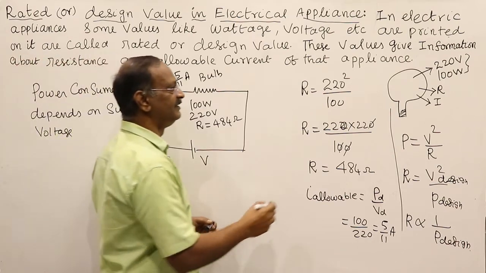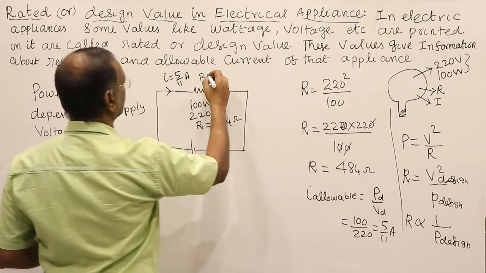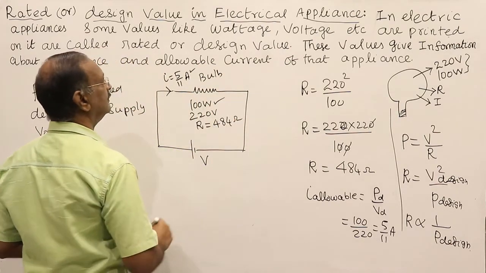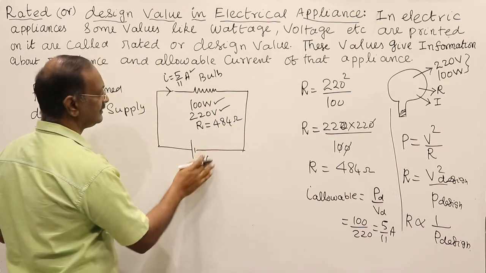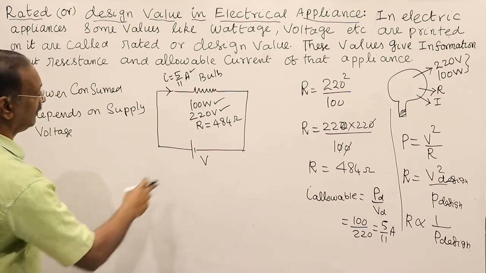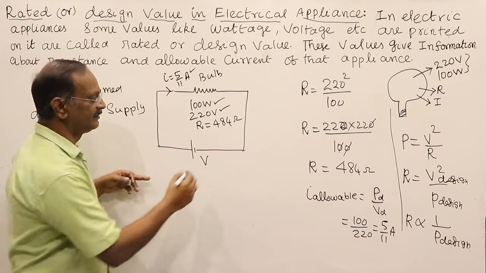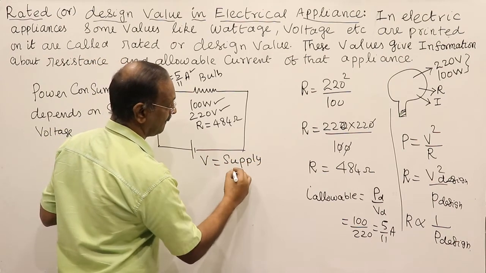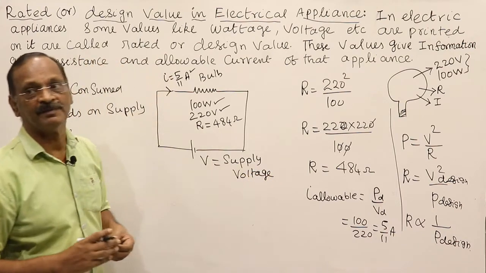With the help of this design feature, we find out how much current it can allow, what the rated wattage is and what the rated voltage is. But this is different. Power consumed depends on the supply voltage. This is the supply voltage, V supply.